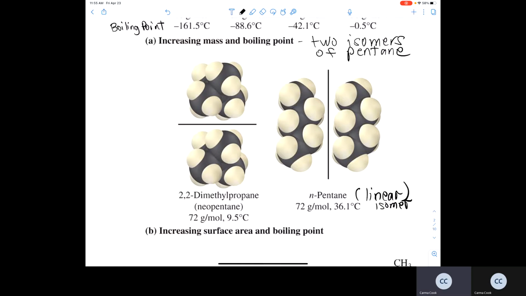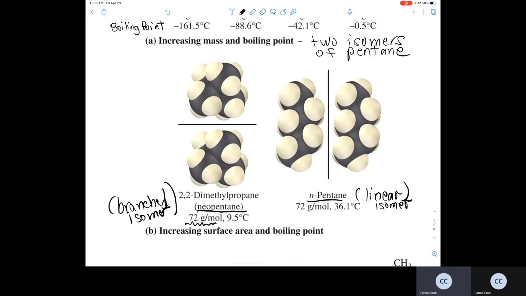And then the branched isomer is over here on the left. It's called neopentane. The proper systematic name for it is 2,2-dimethylpropane. The common name for it is neopentane.